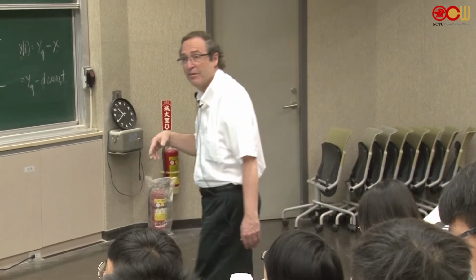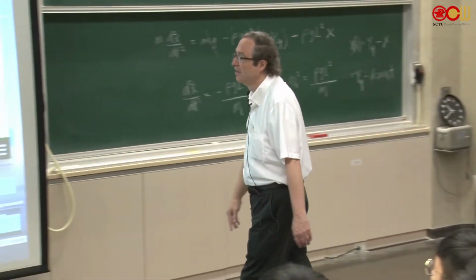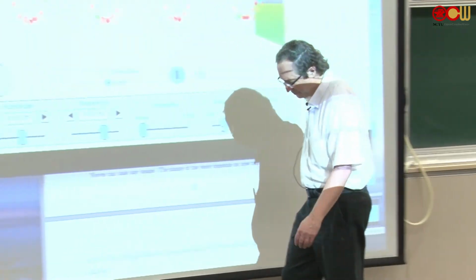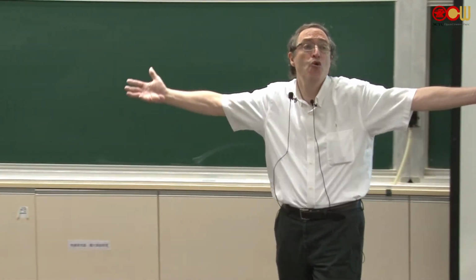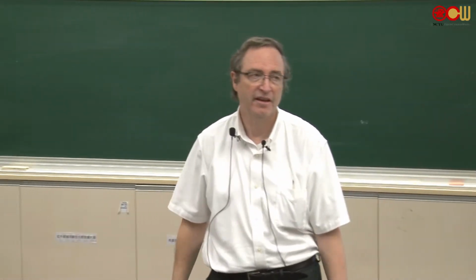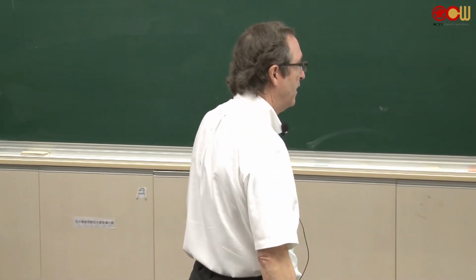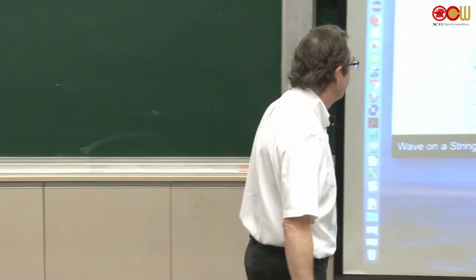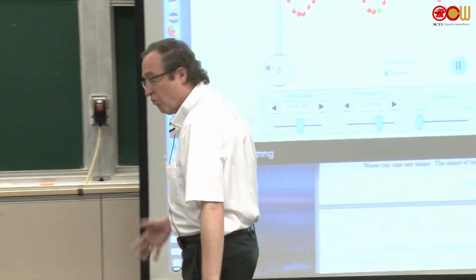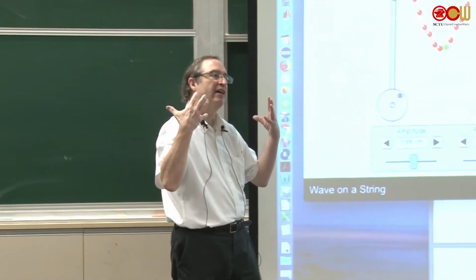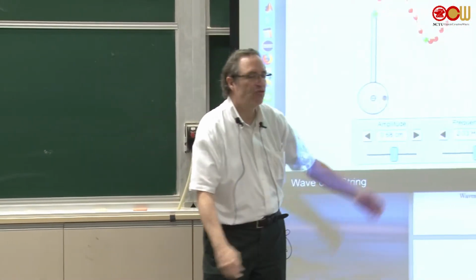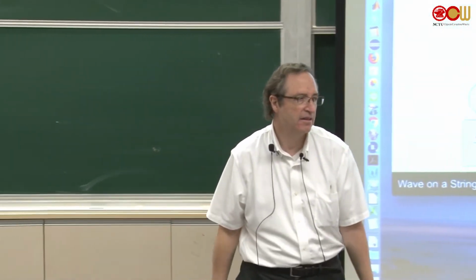Actually, two of them, one in Louisiana and one in Washington State in the US. And this is going to become a new form of astronomy. Gravity wave astronomy is going to become very big. All right, so what's our goal? Our goal is to learn how to describe these waves mathematically.